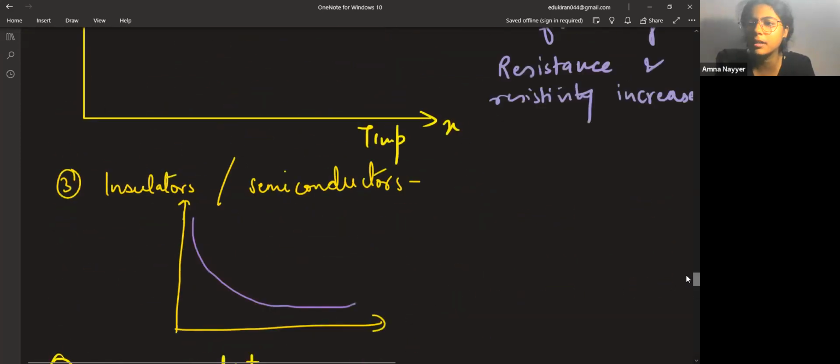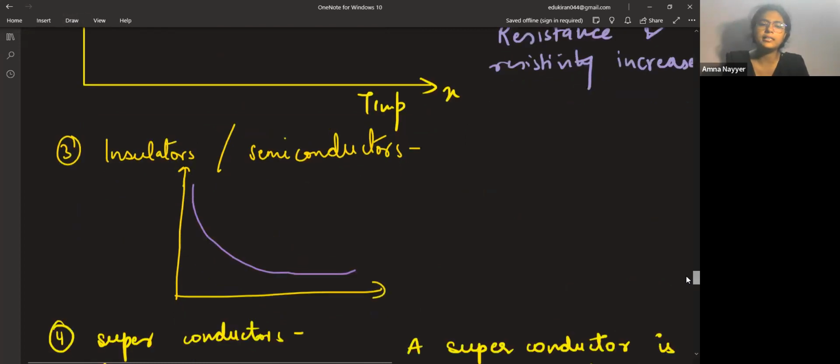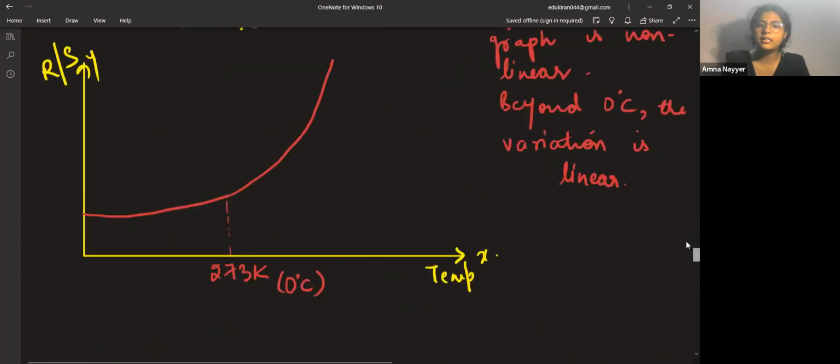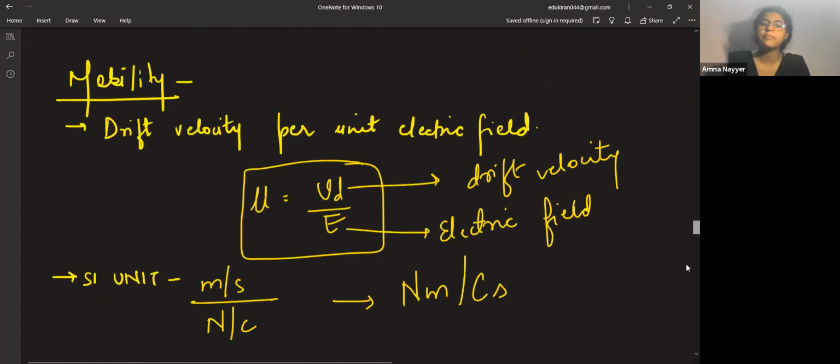Here it is better. Here you can see insulators, semiconductors, this graph, this is neat and clean. So here all the important details are on. So insulators and semiconductors, alloys, and this is for conductors, the temperature dependence or temperature variation.